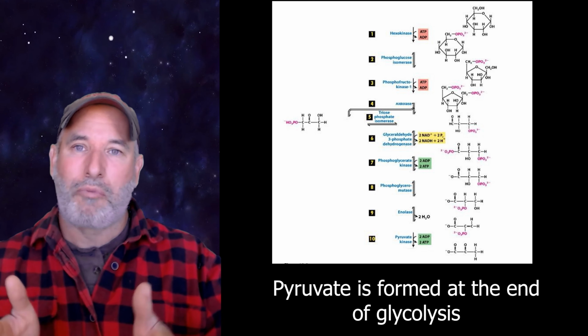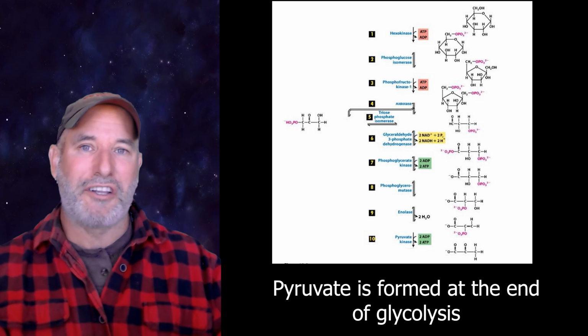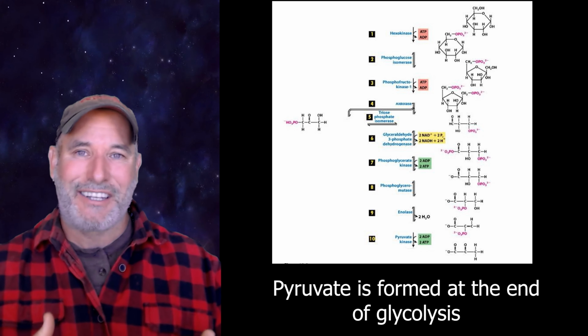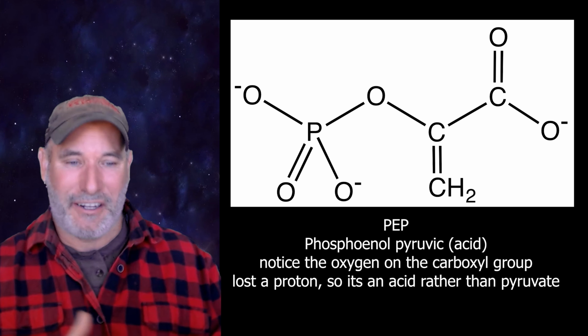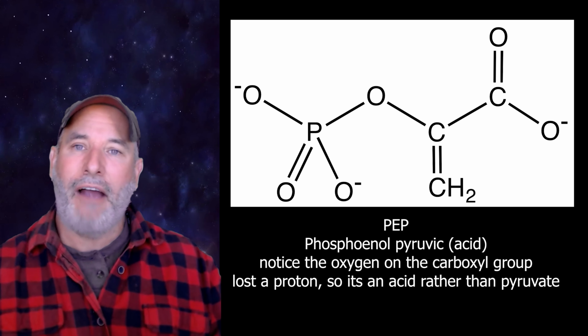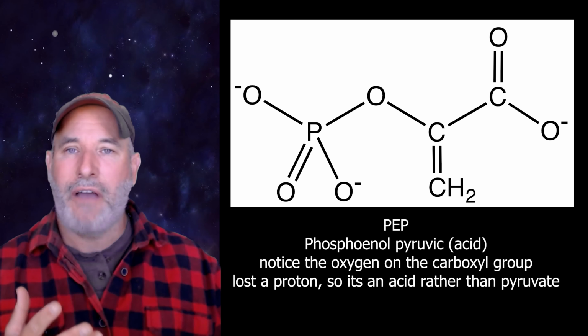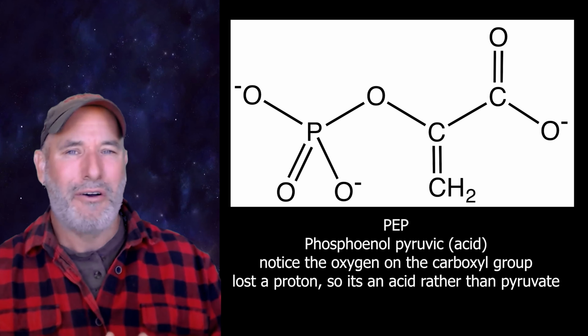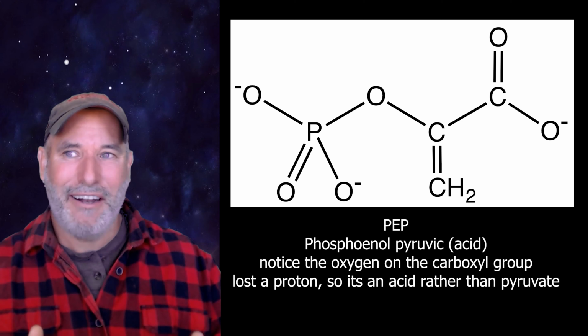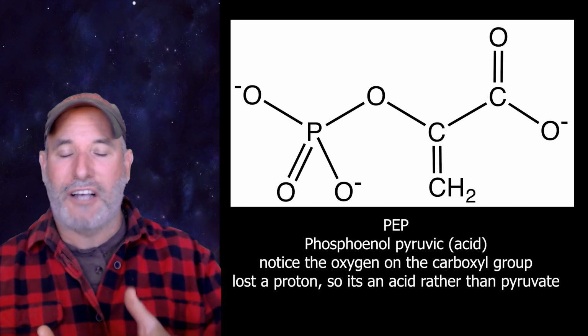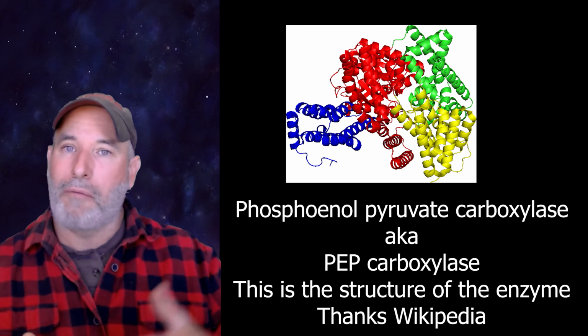Pyruvate is a breakdown product of glucose at the end of glycolysis. Once again, here's life reusing the same molecules. It's amazing. But phosphoenolpyruvate is telling you I've got a pyruvate molecule with a phosphate attached to it. Activated intermediate, right?